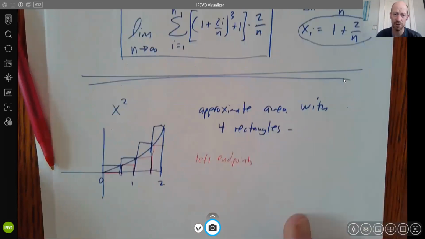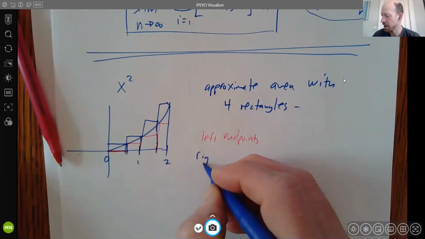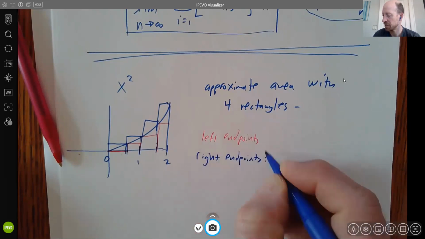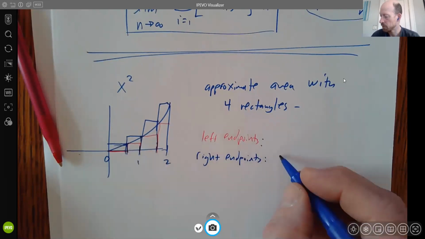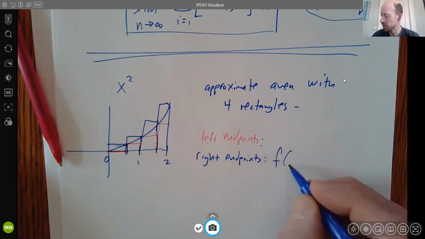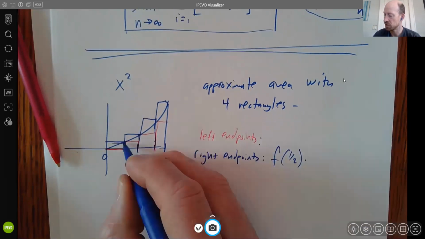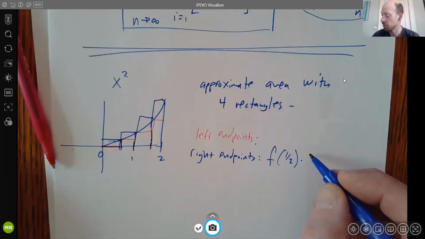So all I would do here is physically calculate what the area of the 4 rectangles are. Whether I needed to use left endpoints or right endpoints, I would get different estimates, but I would just add the values together. So this would be f of 1/2, because that's the first interval, times the height, which is that, times the width, which is 1/2.